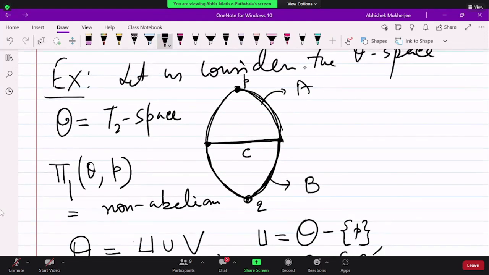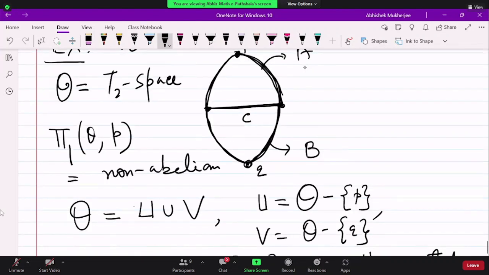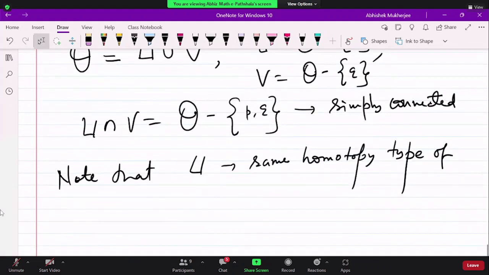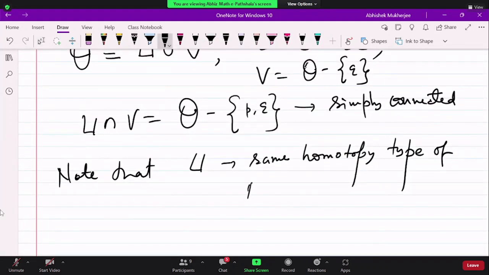Because you can shrink this arc to this point, you can deform this arc to this point. And therefore U will be of the same homotopy type as B union C, and this is actually homeomorphic to S1, right?